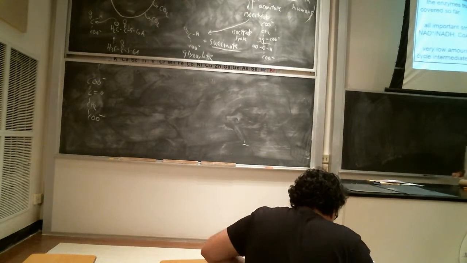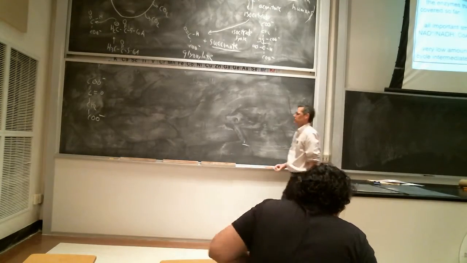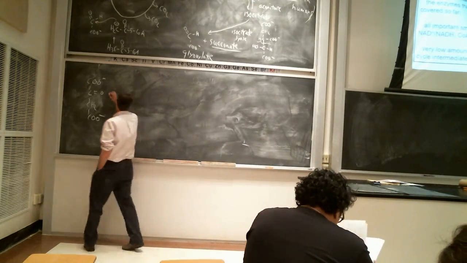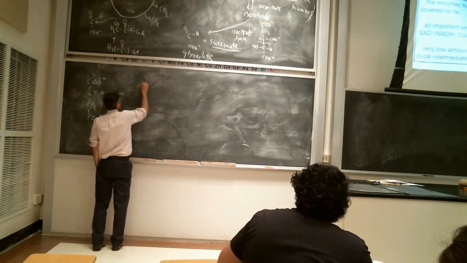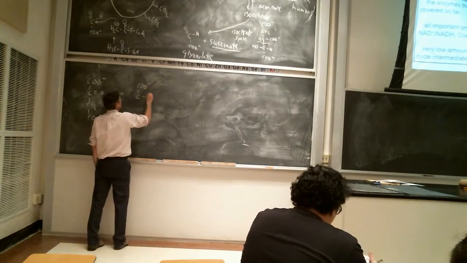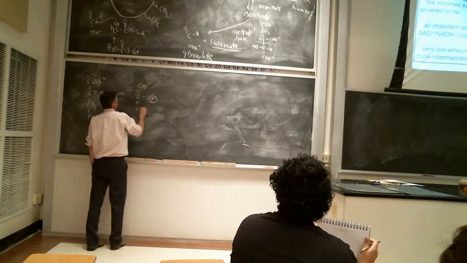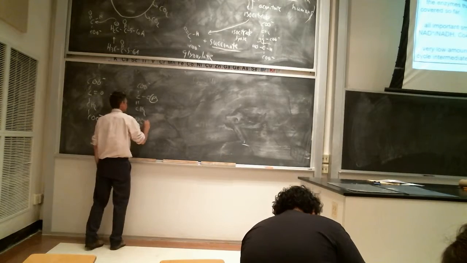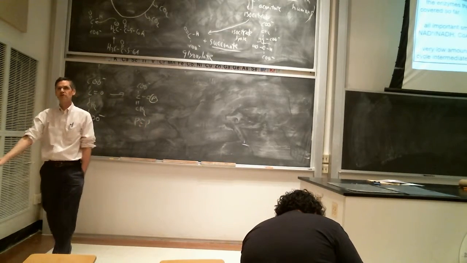The correct answer is 0.5, because remember, oxaloacetate is converted to PEP, which is 3 carbons, but we need 6 carbons to make a glucose.